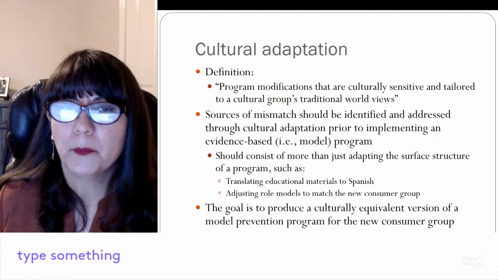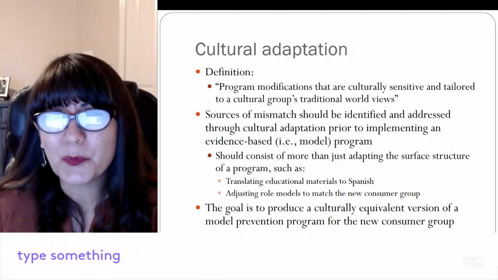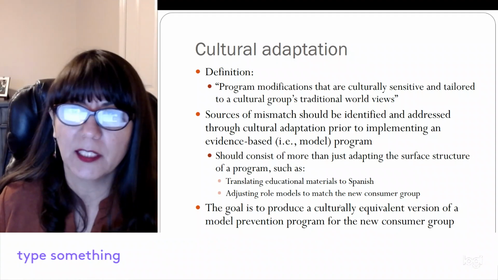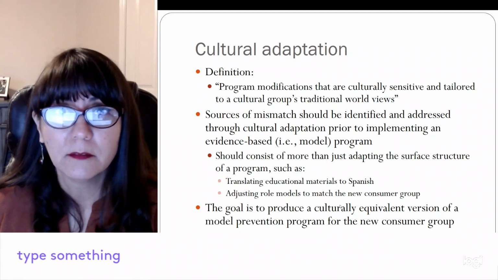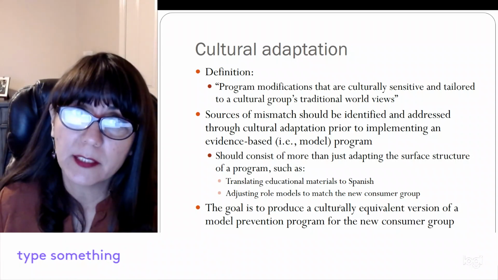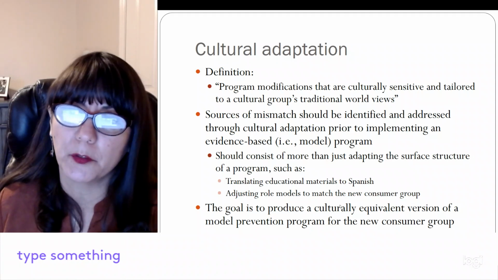But if you're ignoring the target population's worldview and not addressing those things within the program, you're going to lose. You're not going to be able to engage participants, or if you do manage to engage them, you won't be able to retain them in the program.